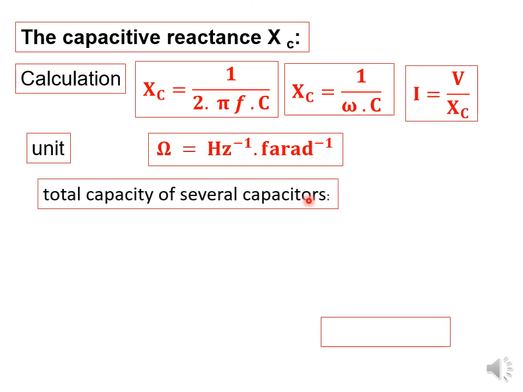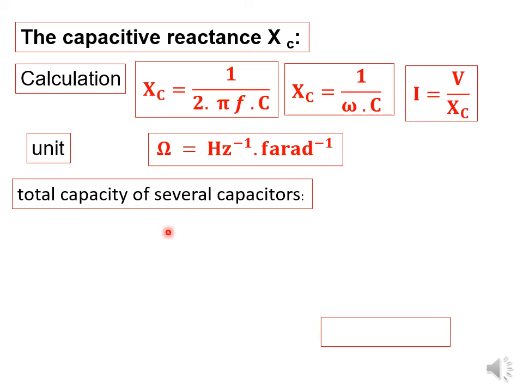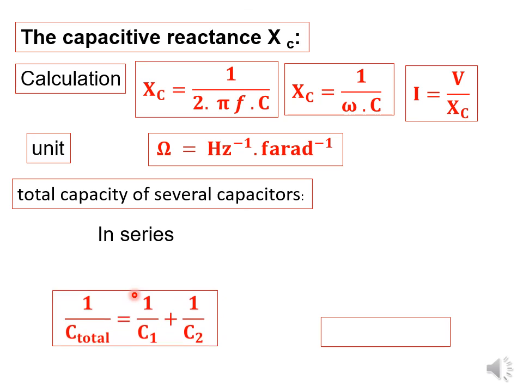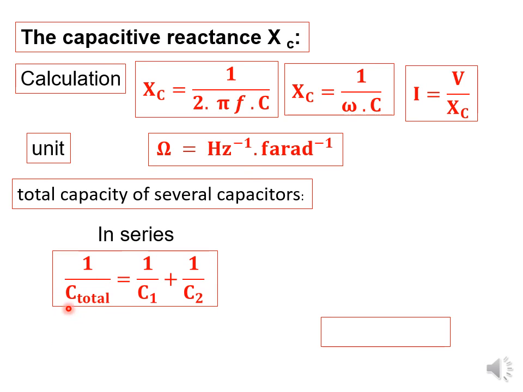Total capacity of several capacitors. Look here, we are calculating capacity, not capacitive reactance. We are here calculating the capacity of several capacitors. If these several capacitors are connected in series, 1/total capacity of the group equals 1/capacity of the first capacitor plus 1/capacity of the second capacitor.